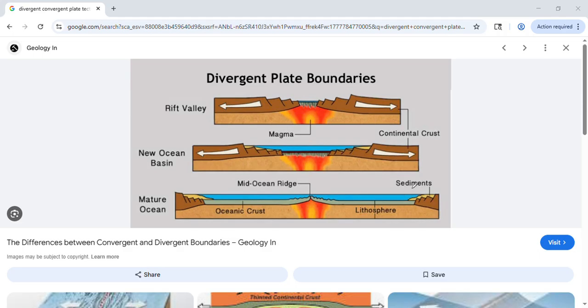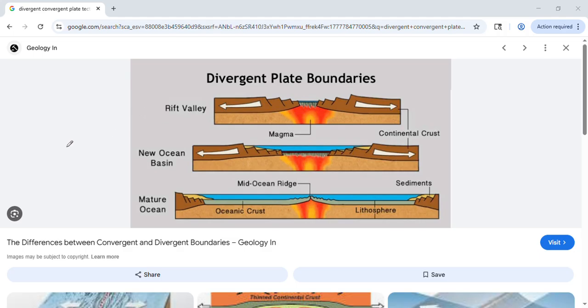Next question: what happens during oceanic convergence? If both plates are oceanic, what happens?